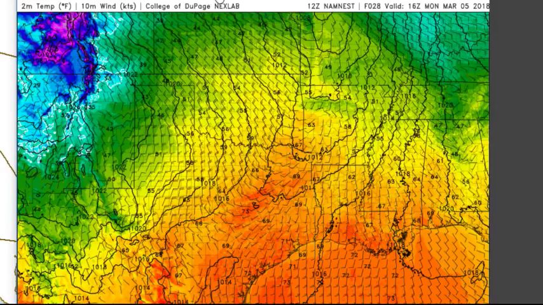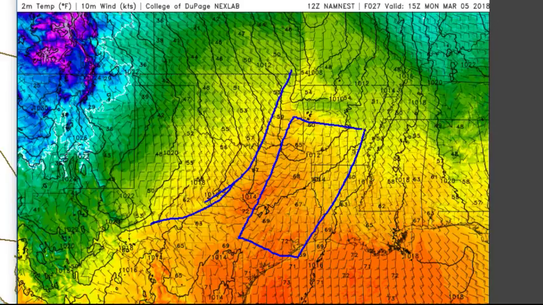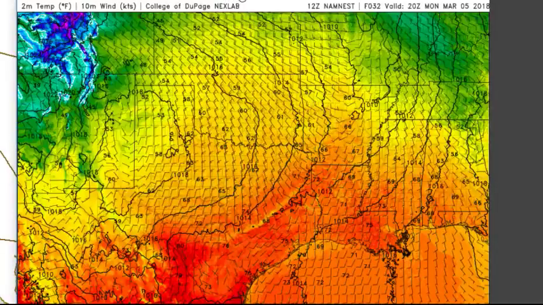Things warm up during the day tomorrow, and it looks like around 9 a.m. that boundary makes it all the way to Dallas and down to Brownwood and San Angelo. So with that in mind, as we get the heating, we have to watch for thunderstorms. Maybe the cap will break. By 2 p.m., looks like that boundary runs from around Marshall down to Crockett and down to Austin and San Antonio right there.